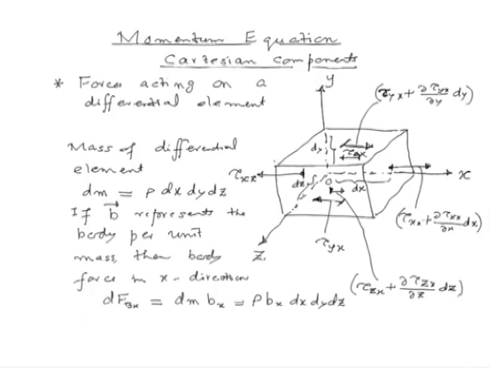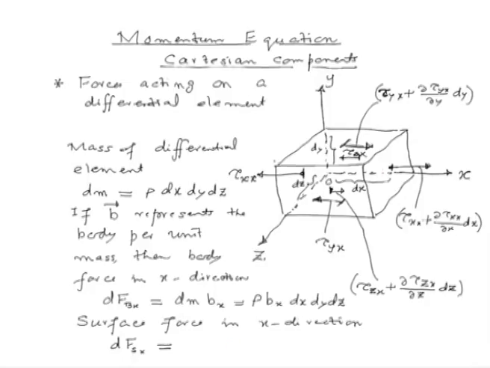Next, let us find out the surface forces. The surface force in x direction, let us call this dfsx. Let us find out all the components. First, let us write the components due to the normal stress tau x x in x direction.